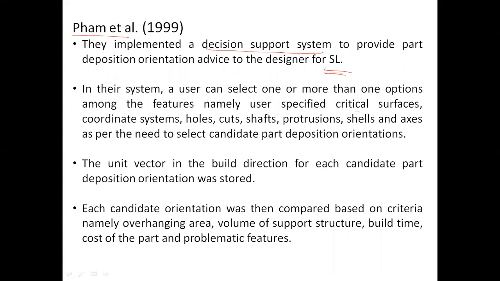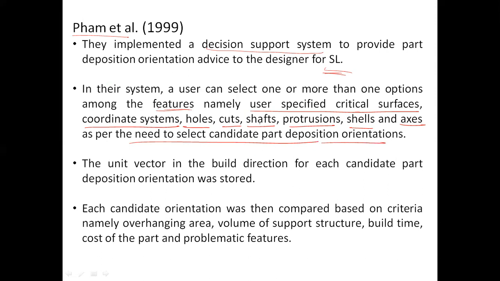In their system, the user could select one or more options among the features. The features that he specified were user-specified critical surfaces, coordinate systems, holes, cuts, shafts, protrusions, shells, and axes, as per the need to select the candidate part deposition orientations.